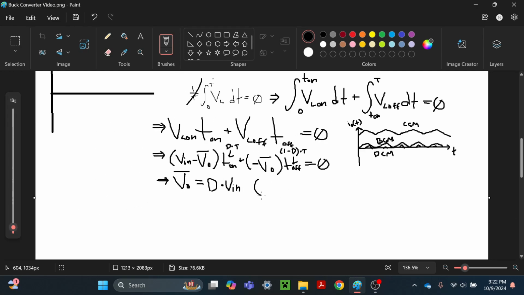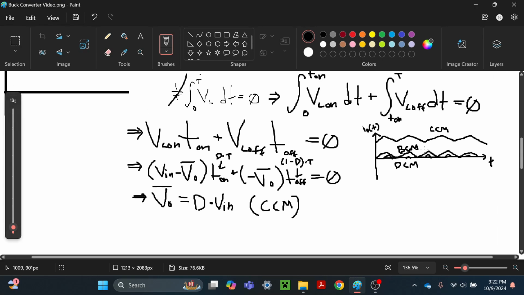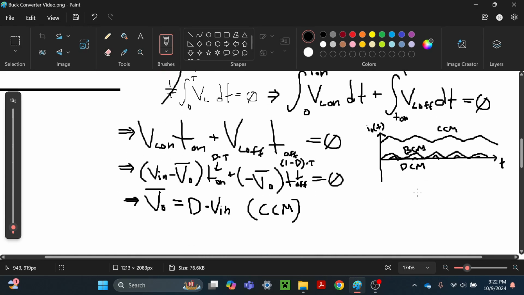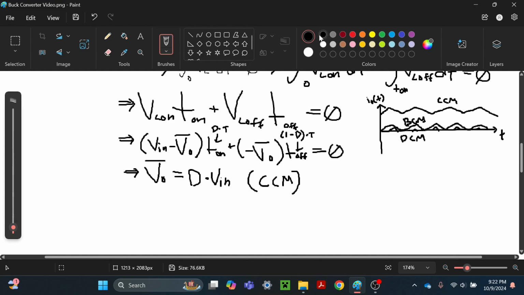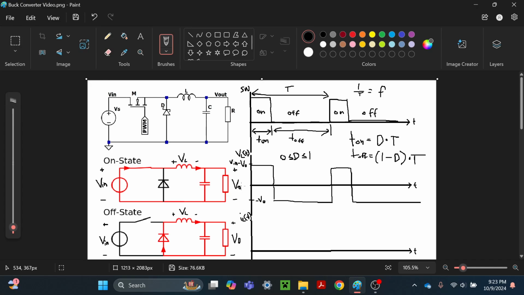So this is for continuous conduction. And boundary conduction is basically just a special case of continuous conduction. It's still continuous conduction, but it's about to be discontinuous. So now that we have this transfer function defined, this is an important one. This is basically the whole point of the converter, right?